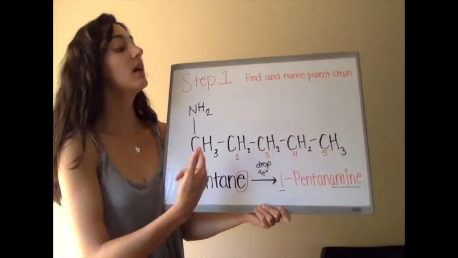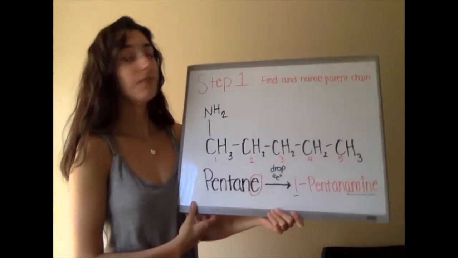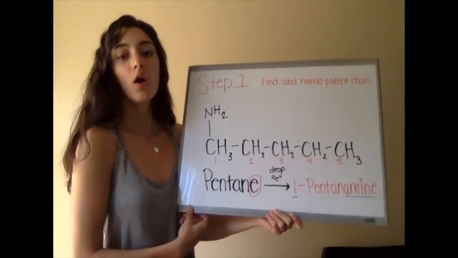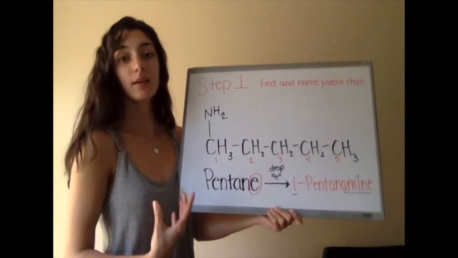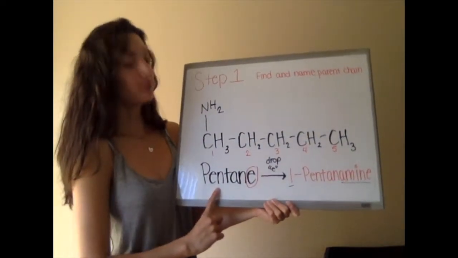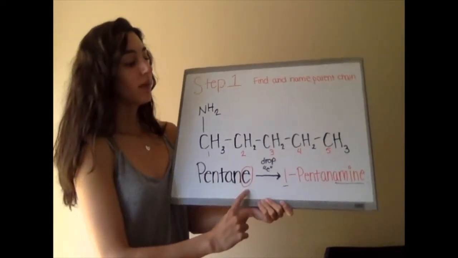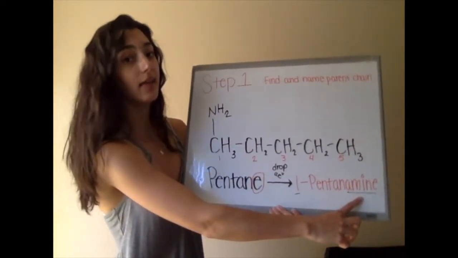Back to the first example, now that we have found the parent chain and given position numbers to the carbon atoms, now we can name the parent chain. In this example, there are 5 carbons in the parent chain. We will start with the alkane name that corresponds with the number of carbon atoms in the parent chain, which is 5 in this case. So 5 is pentane. We will drop the E in the alkane name pentane and add amine at the end of the name.